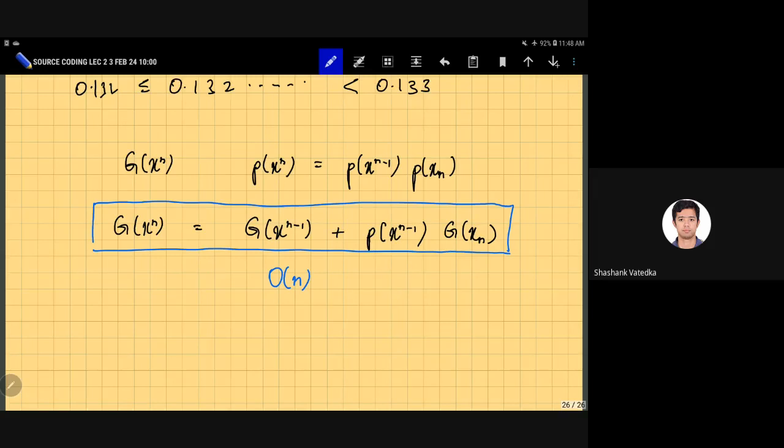So even as n grows, the complexity of computing g of x^n and p of x^n is small. It is still growing linearly with n, and therefore you can compute f bar of x^n, and of course you've already calculated p of x^n. So you can do all of this in time which is still only linear in n.